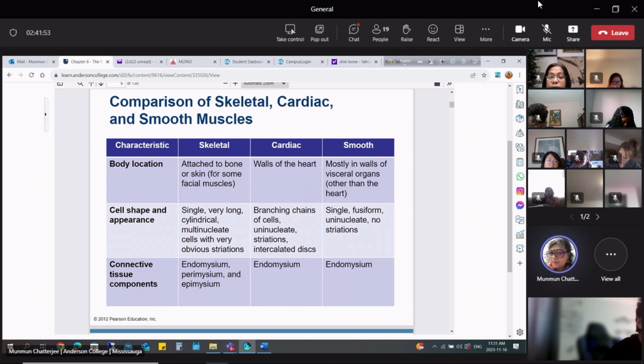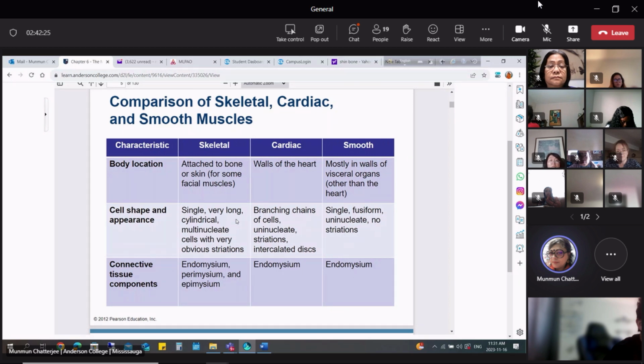Okay. Cardiac muscle is uninucleated but has striations. Smooth muscle cells are single, uninucleated but have no striations. And both of them only have the endomysium. So these are the differences.